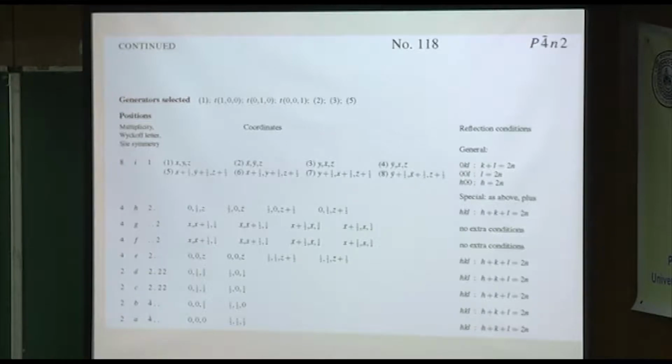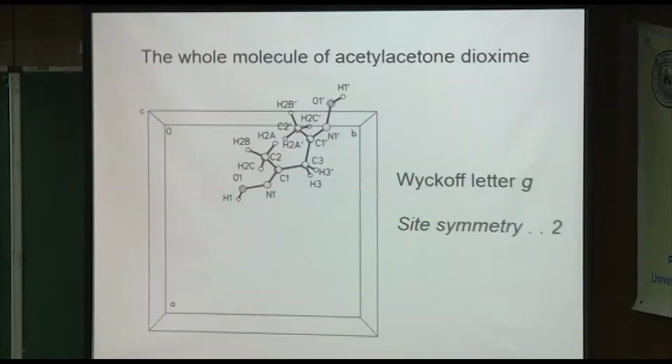And how special? Okay, so instead of having 8 molecules in the unit cell, you're only going to have 4 molecules in the unit cell. That's what this multiplicity is telling you. It's got a Wyckoff letter of F, and this symmetry operation is a 2-fold rotation axis along the C direction. So when you take that into account, then you see the whole molecule, which should look like that.